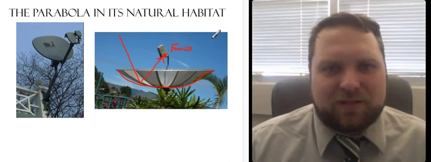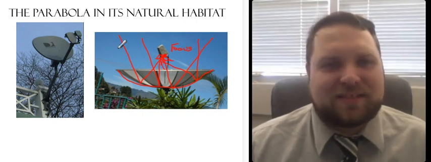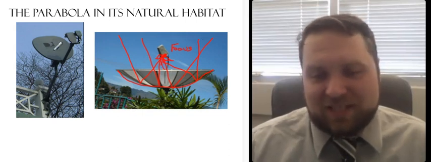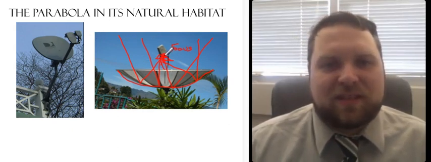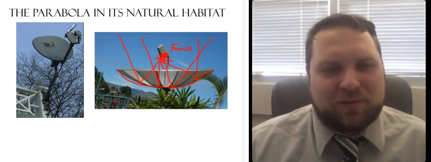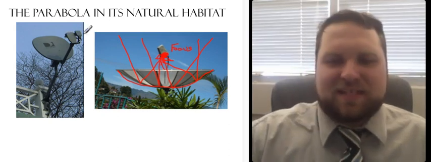So it doesn't matter what direction these waves come in from, they all bounce right to the focus. And so this dish serves to collect all of those rays, say like from a satellite TV station. It collects those rays and focuses them at the focus of the parabola, where we put a sensor that can pick up and detect the signal. So a really fantastic use of that.